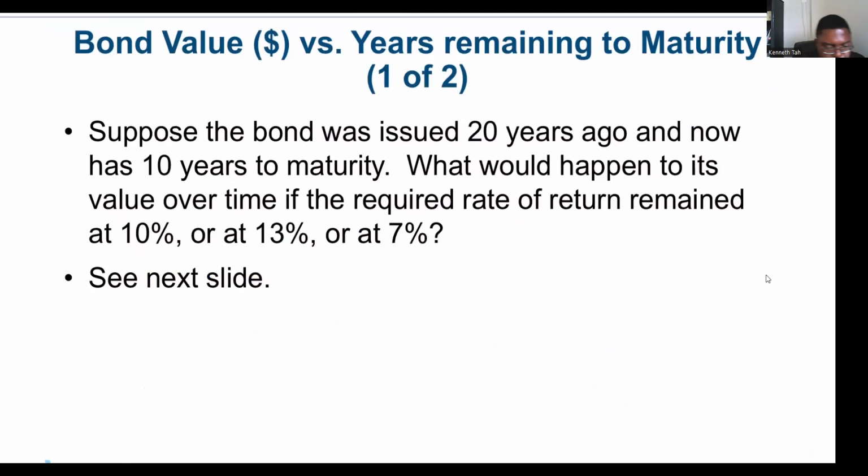So bond value versus years remaining to maturity. As years to maturity come, the bond values all gravitate towards the par. So it is going to come to the par value.